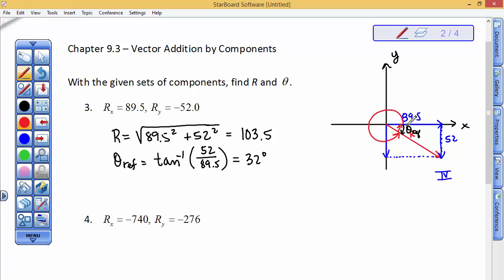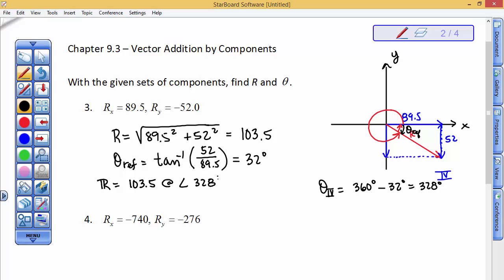So theta in the fourth quadrant is equal to 360 degrees minus your reference angle, which is 328 degrees. So here's one way I could write this answer: my resultant's magnitude is 103.5 and its angle in standard position is 328 degrees.